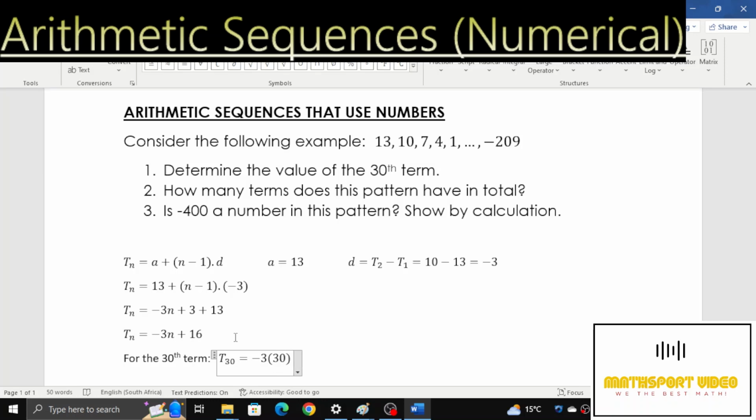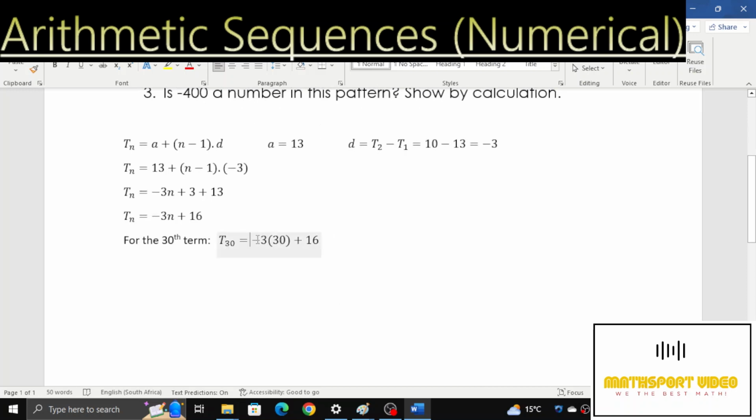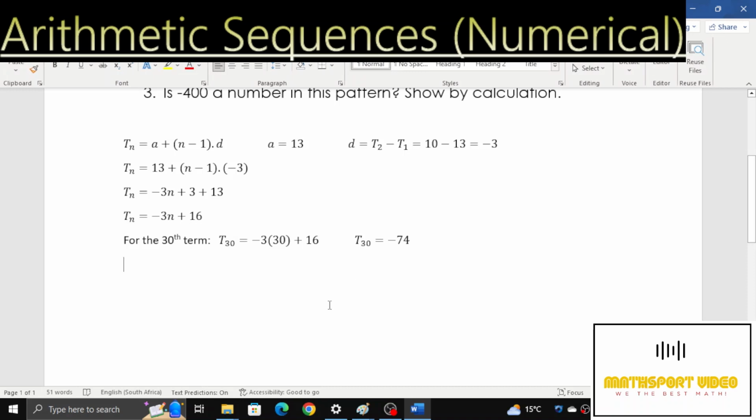The one is the subscript and the one is next to the negative 3. So we're replacing both of those. So we get this, and then you just continue to work it out. This is negative 90 plus 16. So negative 90 plus 16 equals negative 74. So we can say that the 30th term is equal to negative 74.